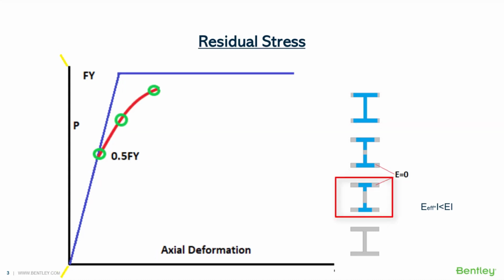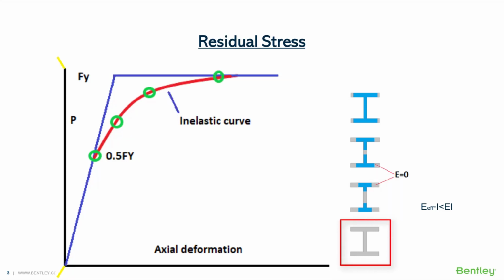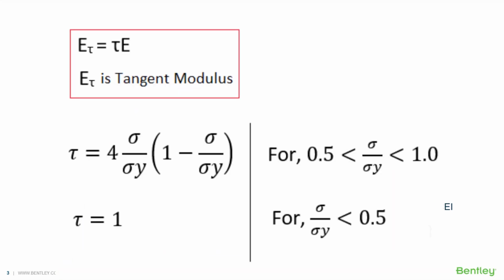Now, these yielded portions have insignificant E value and this starts when the stress reaches almost 50% of the yield stress limit. This has been assumed in the AISC code and there is a different relationship between stress versus strain. We can't call it the normal elastic stress versus strain relationship.